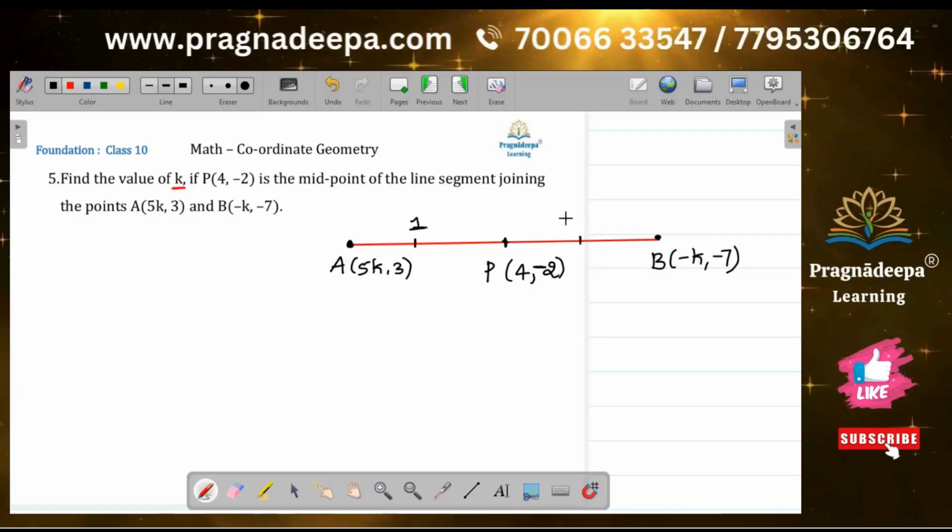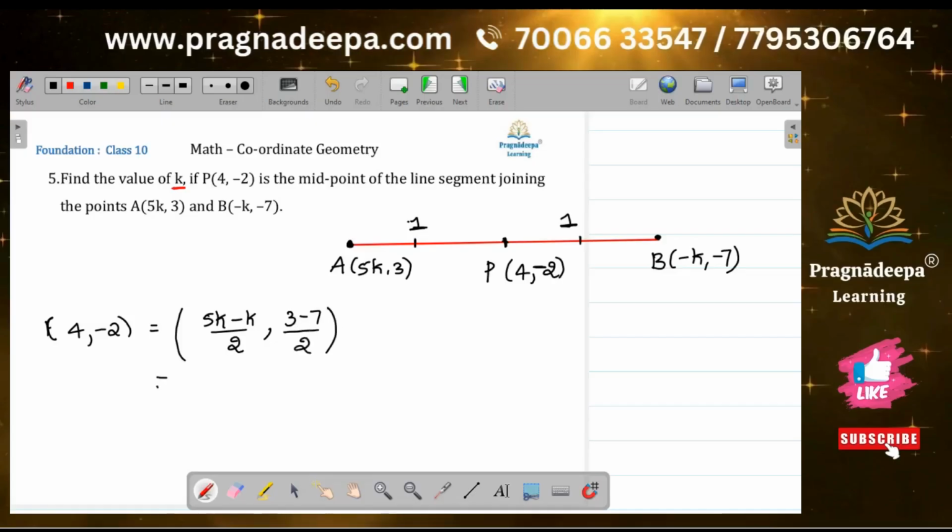Use the midpoint formula. The line segment AB is divided by P in the ratio 1:1. If you apply the midpoint formula, the coordinates of P, that is 4, minus 2, will be equal to x1 plus x2 divided by 2, that is 5k minus k divided by 2. So add the x coordinate values and divide by 2. And 3 minus 7 divided by 2: add the y coordinates and divide by 2.